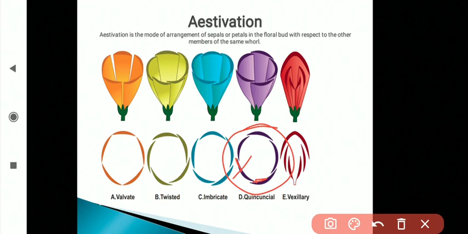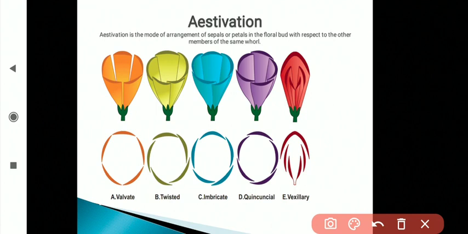Next, that is vexillary aestivation. Now it is with the standard being the outermost. This type of vexillary aestivation is generally found in special types of flowers, for example in which the corolla is differentiated into standard, wings and keel.